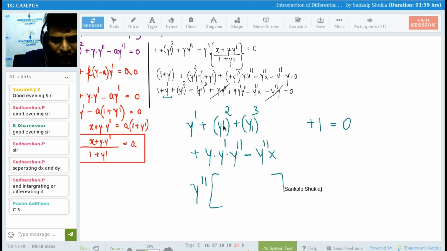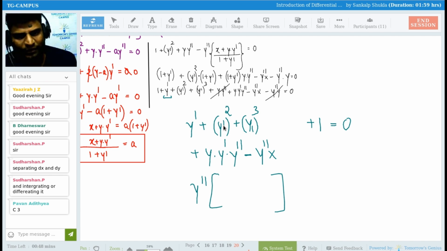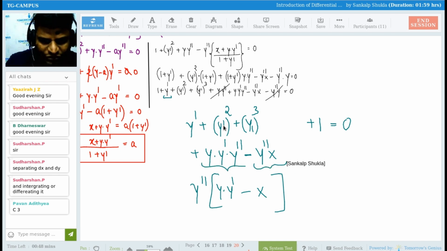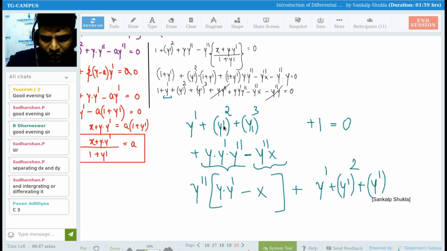Okay, so we can take y double dash as common. So y double dash taken out, inside it will be y into y dash and minus x. Got it? Because only these two terms are having y double dash. Plus the rest of the terms. What are the rest of the terms? The rest of the terms are y dash plus y dash whole square plus y dash whole cube, and plus 1 is equals to 0.